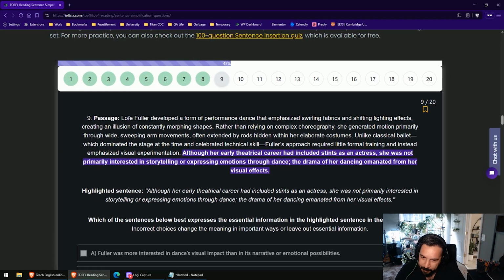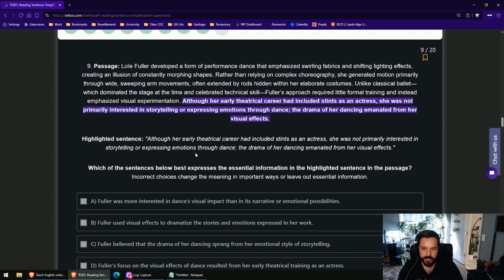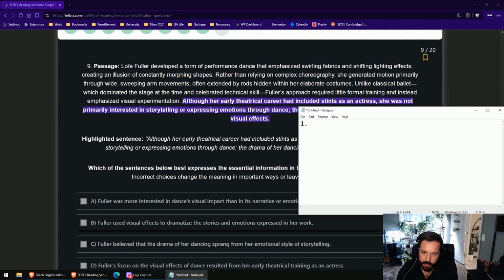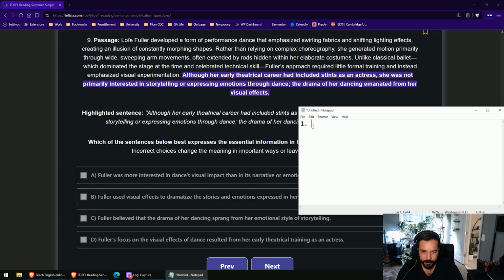So let's see. Although her early theatrical career had included stints as an actress, she was not primarily interested in storytelling or expressing emotions through dance. The drama of her dancing emanated from her visual effects. This is also from the official books. It's rewritten, so it's paraphrased.